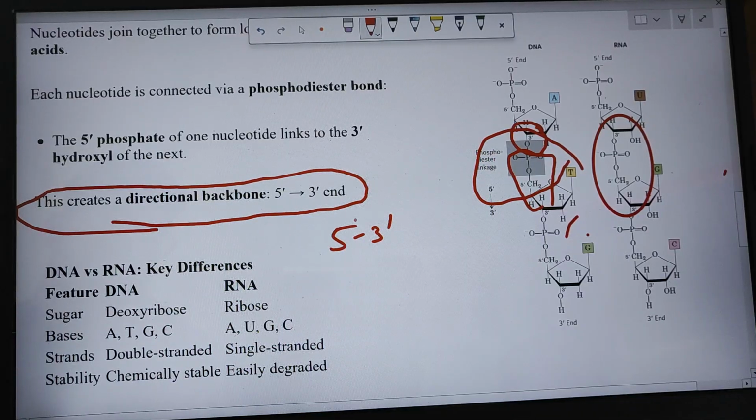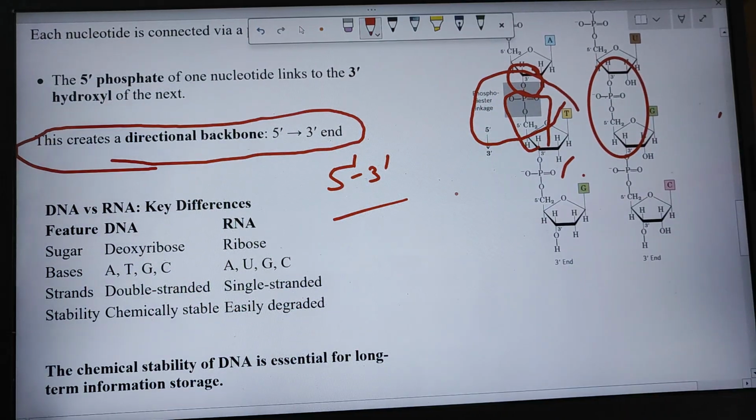This is because the phosphodiester bond links two nucleotides together in a way that the 3-hydroxyl group of one nucleotide is linked to the phosphate present at the 5 carbon of the sugar of the next, and this results in the directionality of the nucleic acids in 5' to 3'.